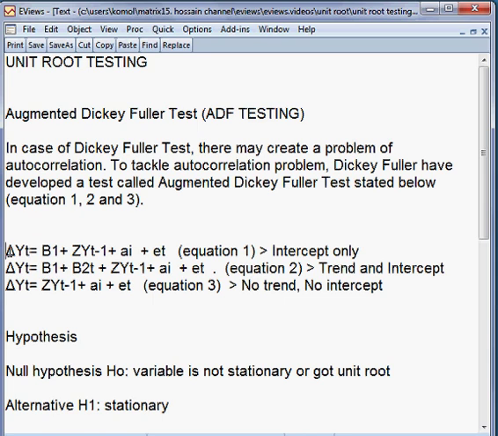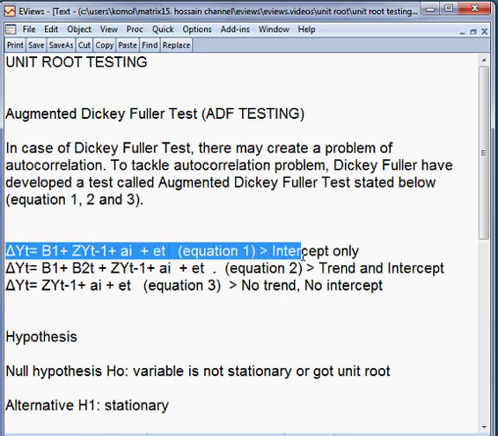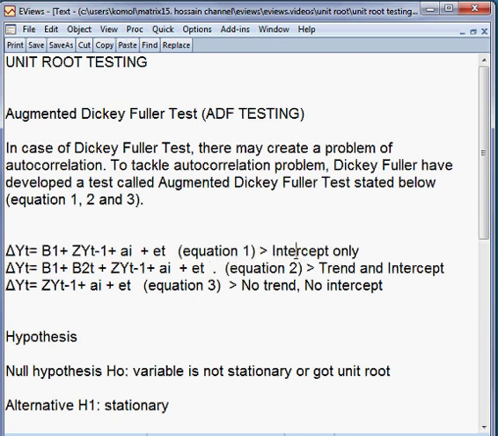This is the first equation, model number 1, and in this model number 1 there is only intercept.